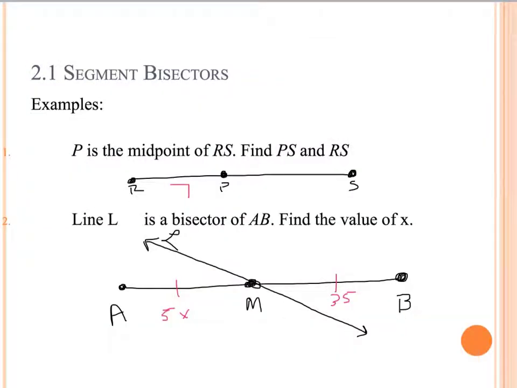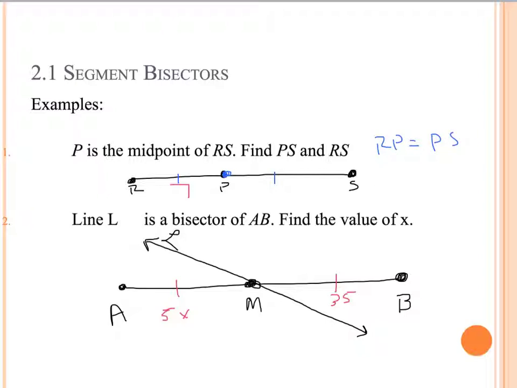Okay, so here's a couple examples. You don't have to write this down. I'm going to go through these two, and then we'll have a couple examples on your own. So this says P is the midpoint of RS. Find PS and RS. Okay, so if I look at this, I know that P is the midpoint, which tells me that RP is going to be equal to PS.